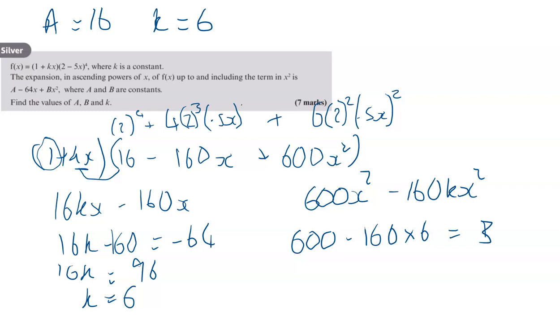So we just need to work out what that is. And if my brain was slightly less tired, I'd do that in my head, but it's not, so I won't. So we get the number of minus 360 equals b. B equals minus 360. So exactly the same method as before, but they didn't give us any scaffolding. We had to know that that was the method to use.